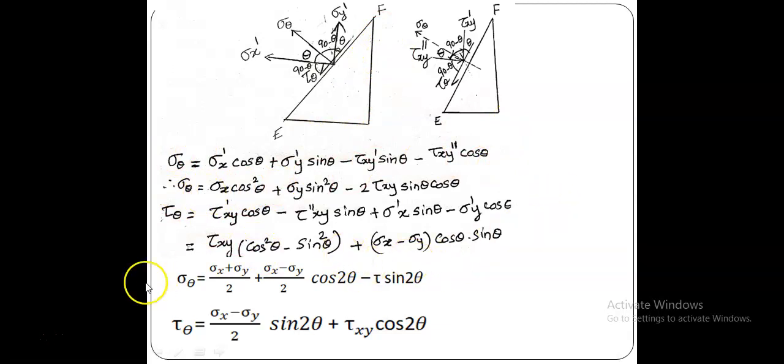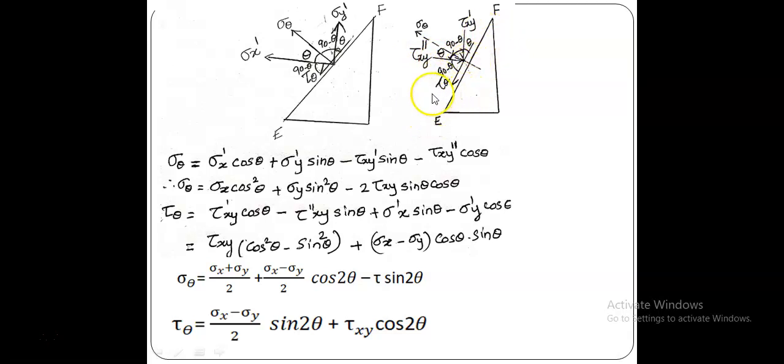Next, tau theta. How can we find this tau theta? Again, let us take this. We just resolve all the tau stresses with respect to this tau theta. Here only tau theta. We just resolve the tau xy dash stress components into tau theta component.